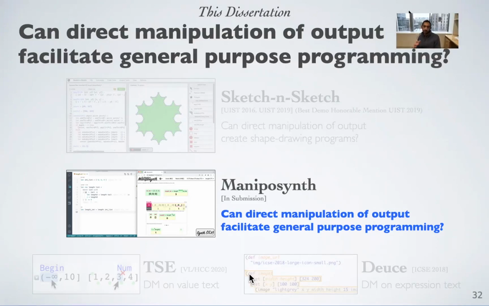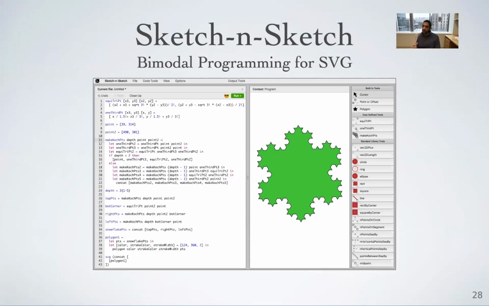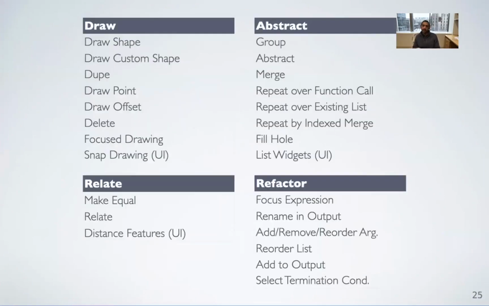I guess one follow-up question is, you showed that table or menu of tools that you added to support these 16 examples. It seems like one of the potential promises of bimodal programming is that you might be able to build a rich GUI without having the super nested, 25 million menus that you find in existing GUIs.